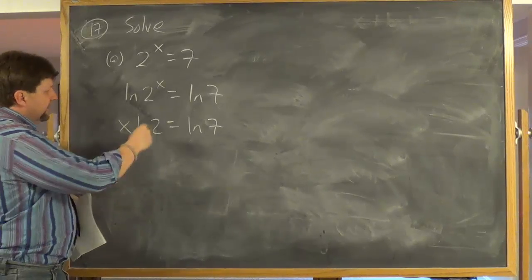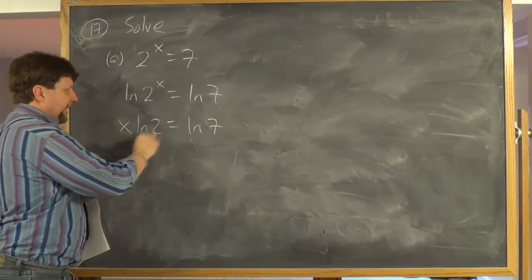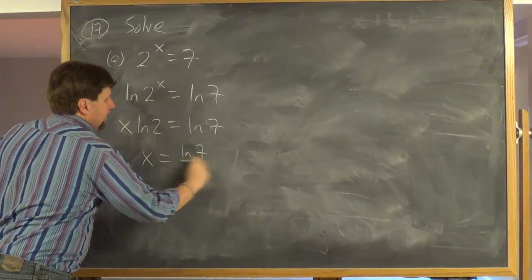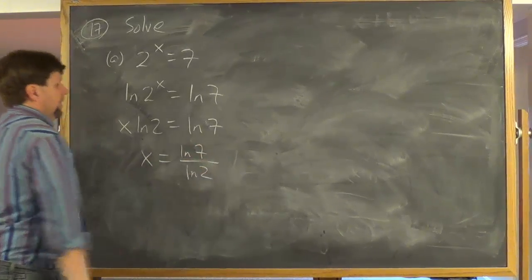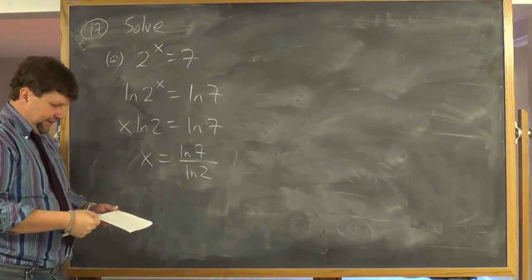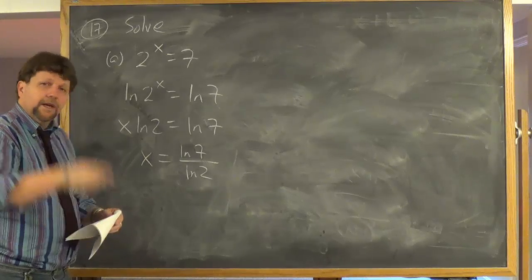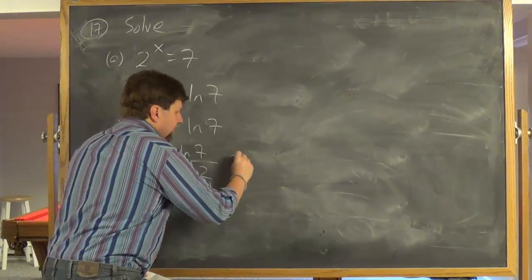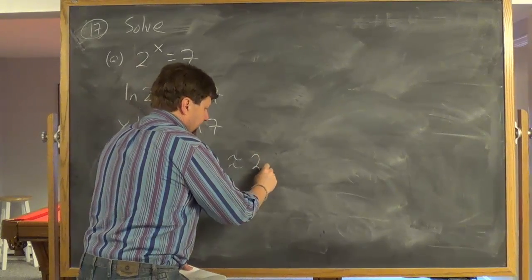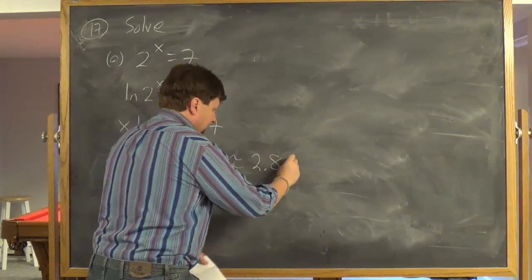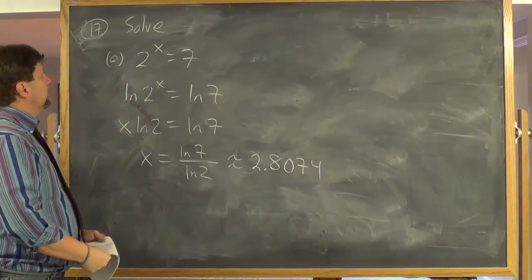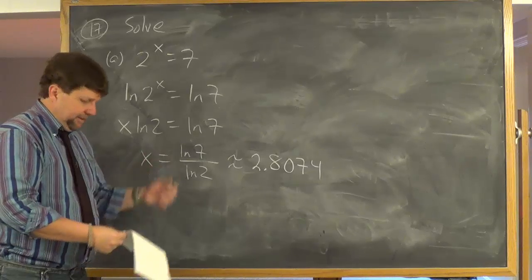And then next, to solve for x, divide both sides by the natural log of 2. And that's the exact solution. x equals the natural log of 7 divided by the natural log of 2. Now, if you use your calculator, you'll get a decimal approximation of somewhere around 2.8074. And that's it for number 17, part A.